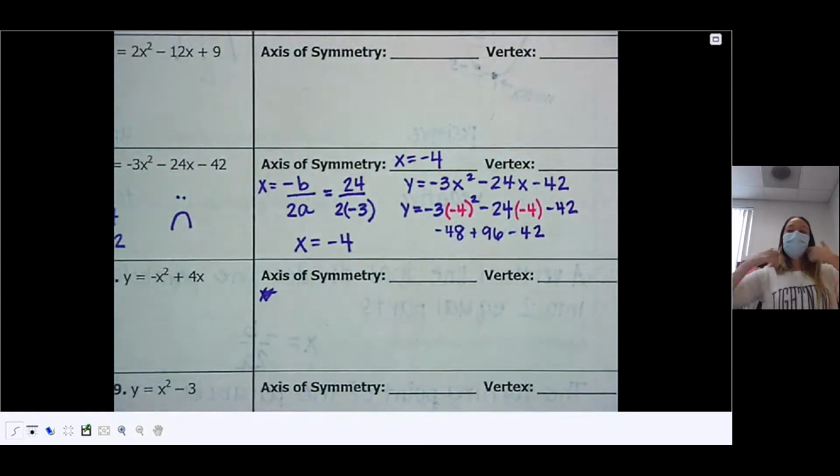Is this supposed to be a large number? No. It is not supposed to be a large number. Mine's a very small number. Be careful with your signs.